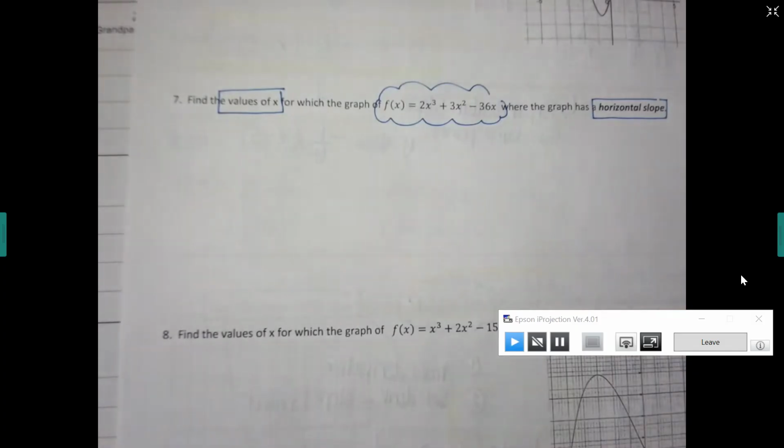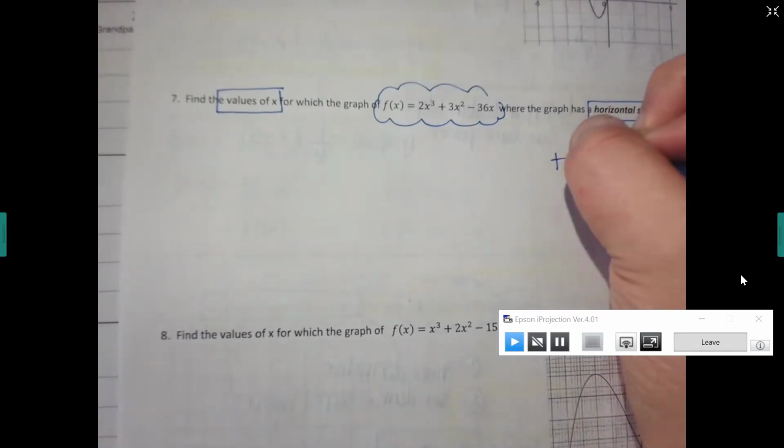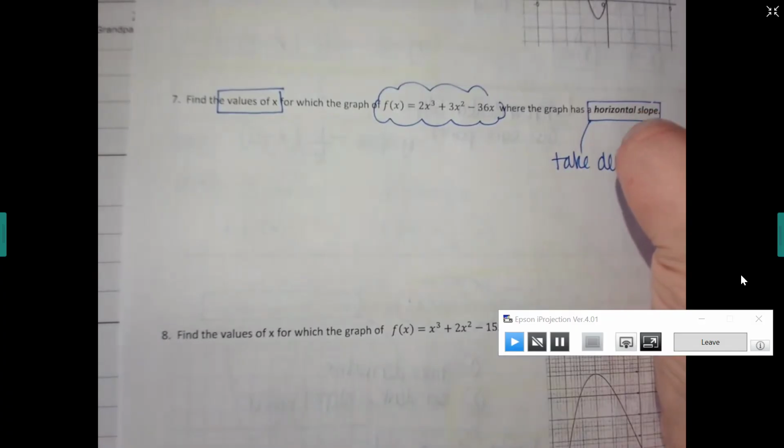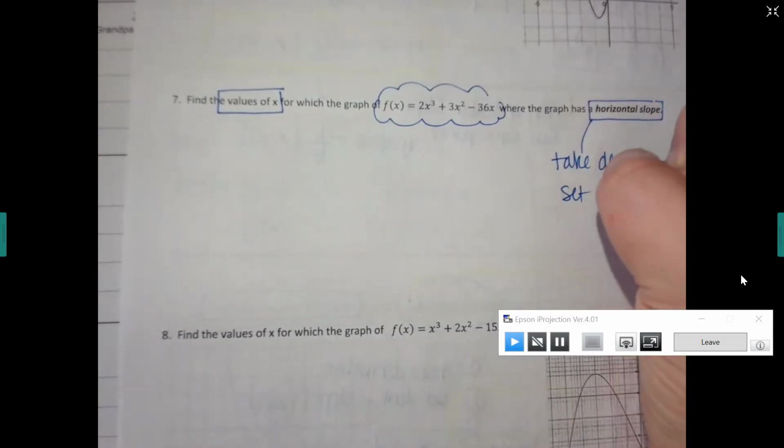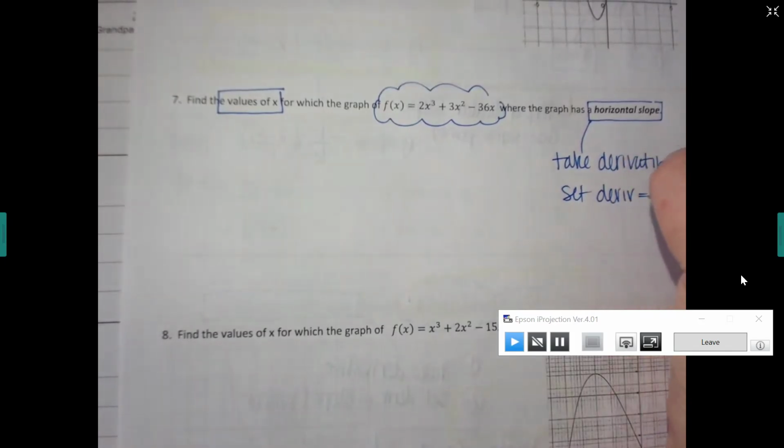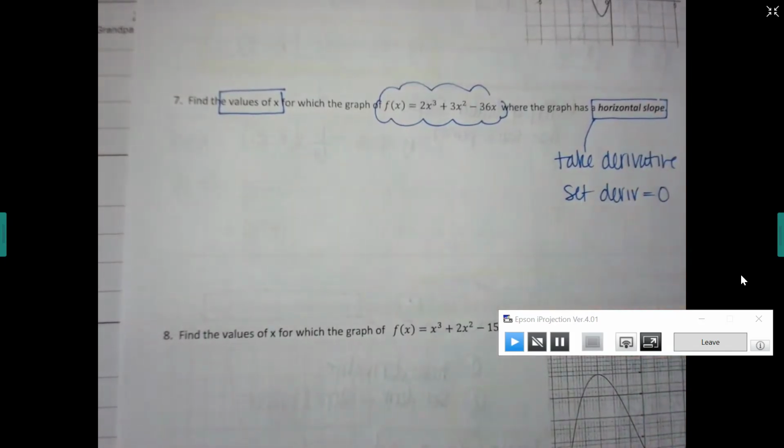Perfectly flat, horizontal means a 0 slope. So you're going to still take the derivative, but then you're going to set it equal to 0. So they're still basically telling you a slope that they want, but they're just saying horizontal, but you should know that means a 0 slope. So take the derivative of that for me. And then we're going to let it equal 0.